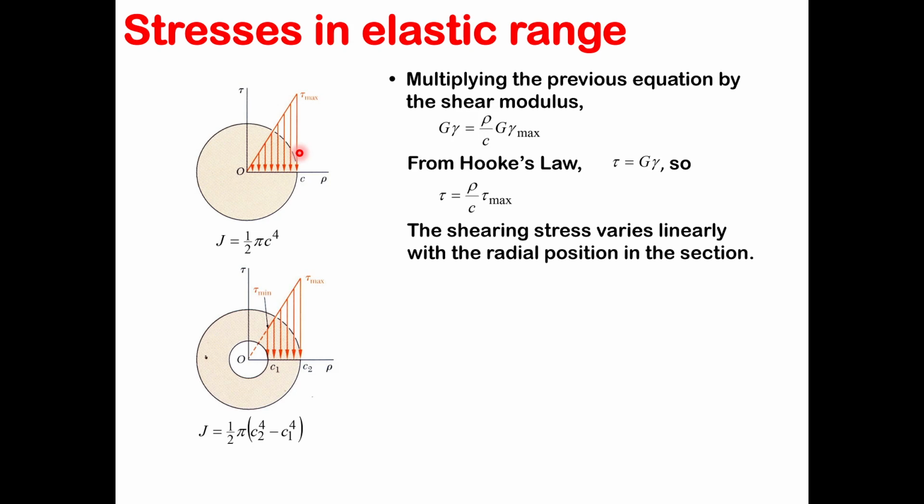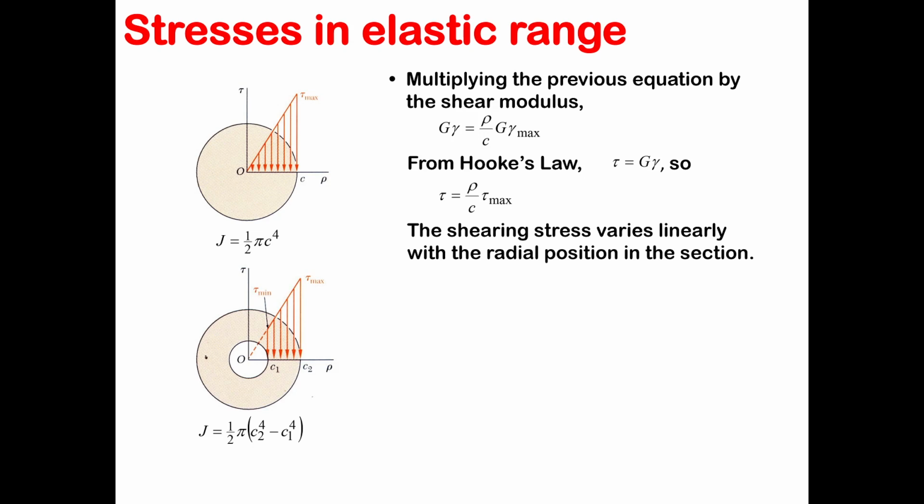So you multiply both sides of this equation by the shear modulus, G. So we're going to have G gamma is going to be equal to rho over C, G gamma max, and then based on Hooke's law, we know that your shearing stress is equal to G multiplied by the shearing strain. So we are going to have the distribution of tau, or shearing stress.